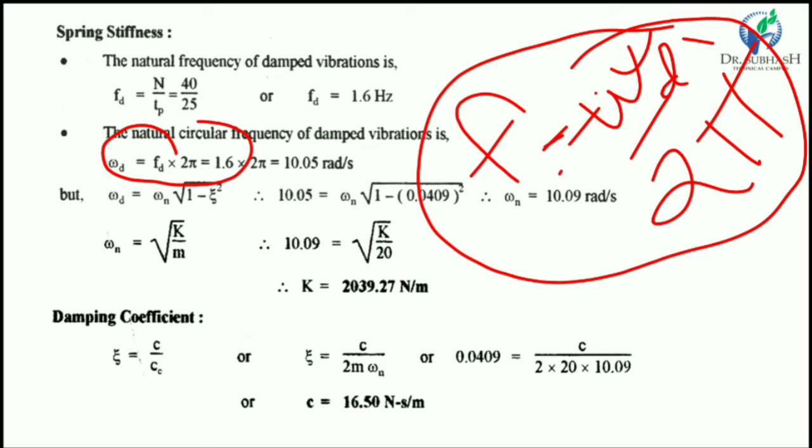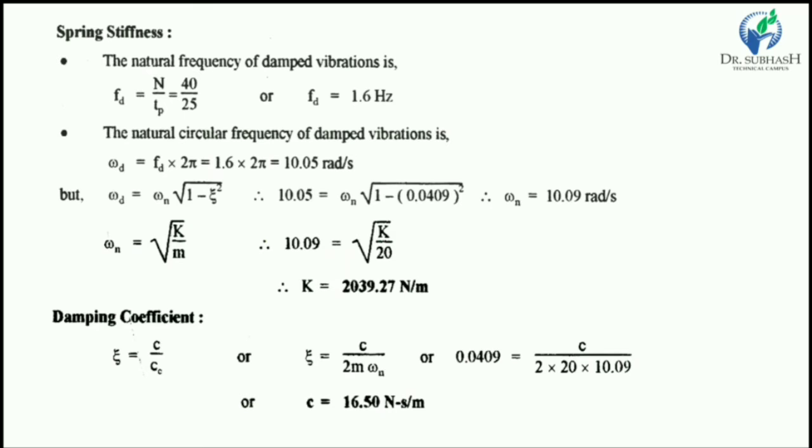Here omega is omega d because damped free vibration is there. So first of all find the frequency for the damped vibration. Here 40 cycles complete in 25 seconds. So 40 upon 25 gives the frequency 1.6 Hz for the damped vibration.